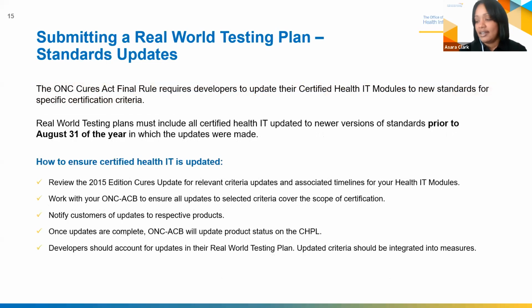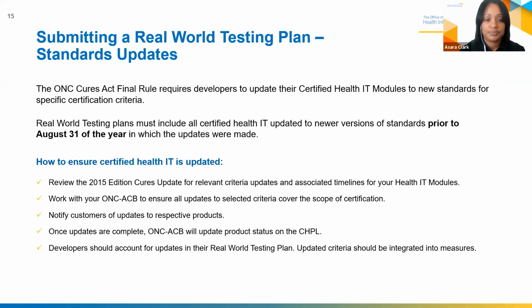All right, now we're going to get into standards updates and how they work into the plan, okay? So the ONC Cures Act final rule requires that developers update their certified health IT to certain newer standards and implementation specifications that were previously adopted and incorporated by reference. These updates are applicable to certain criteria.